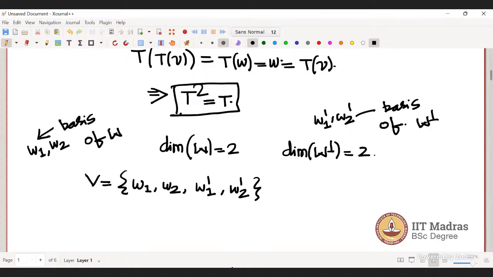So then W1, W2 and W1 dash, W2 dash is a basis of V, right?